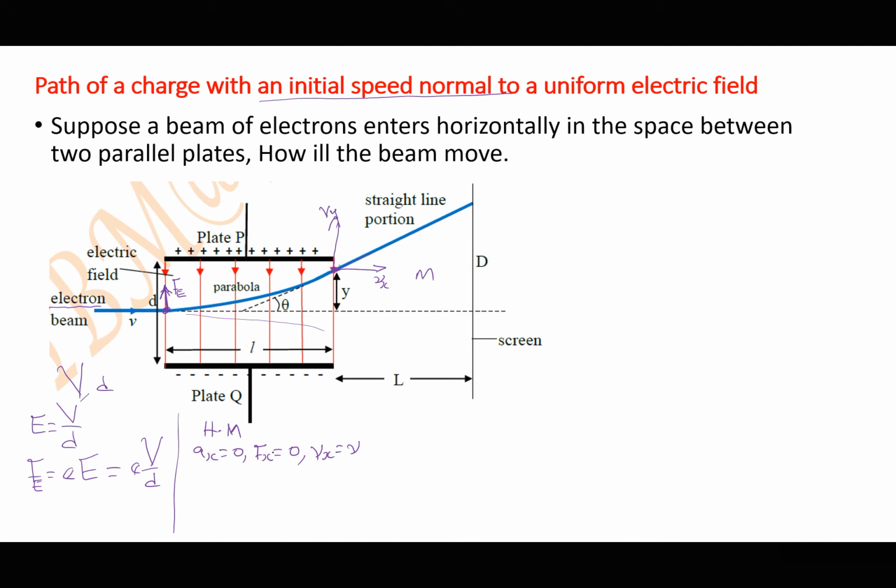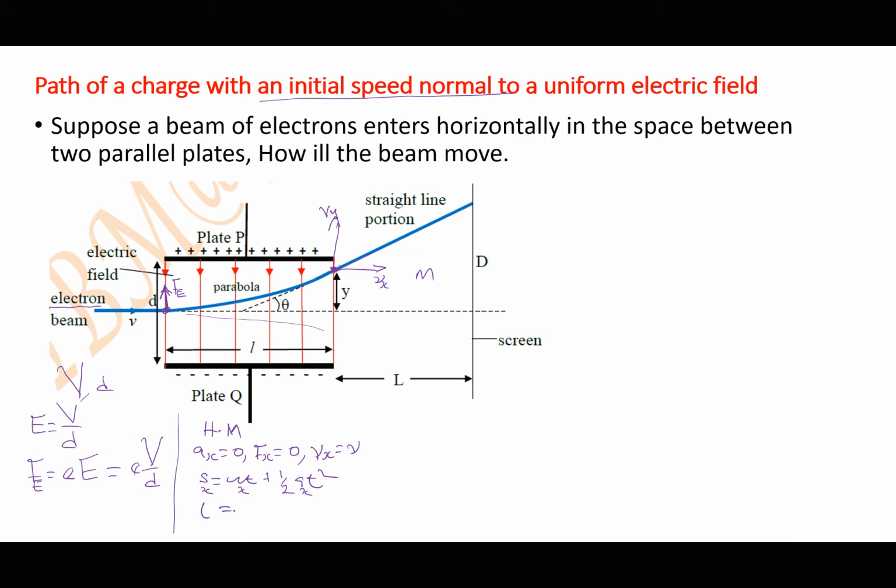I'm still considering horizontal motion, and if I try to use s equals ut plus a half at squared: s in the horizontal is now going to be the length of the plates, since we are considering when it is emerging from the plates.